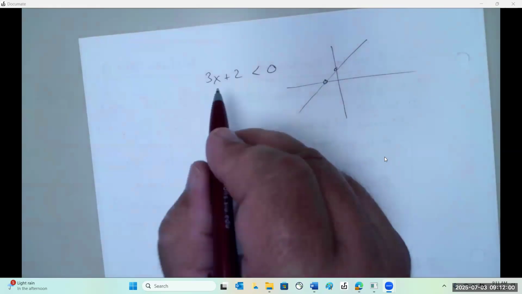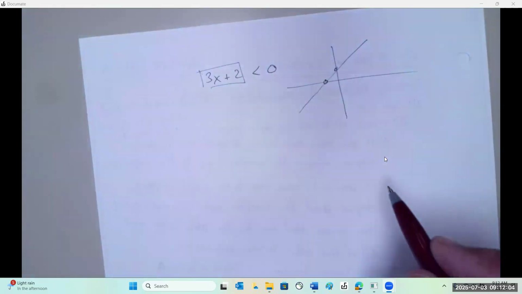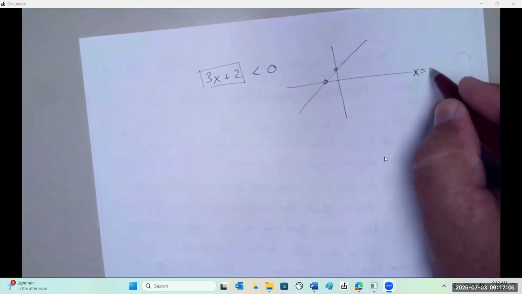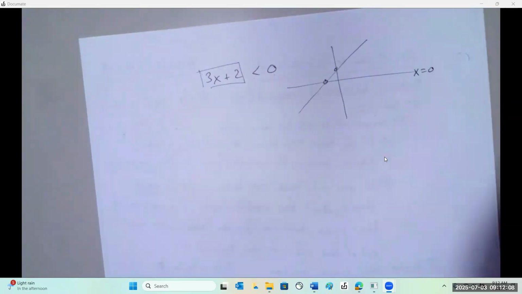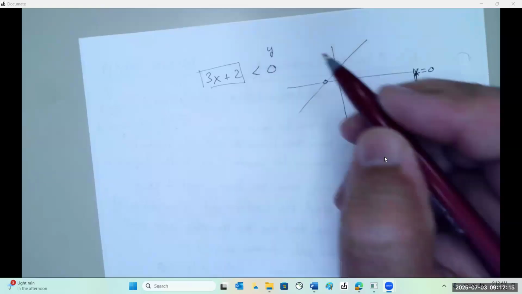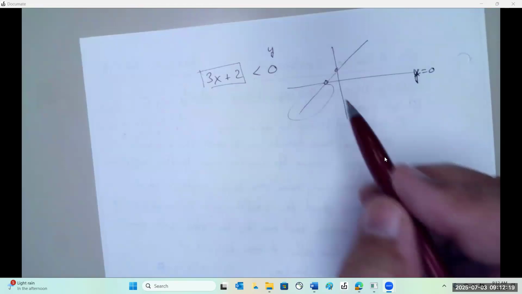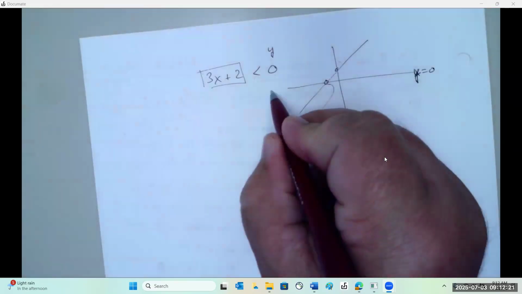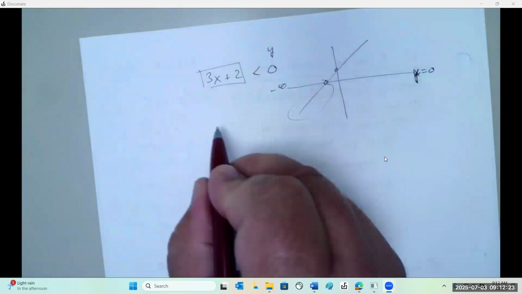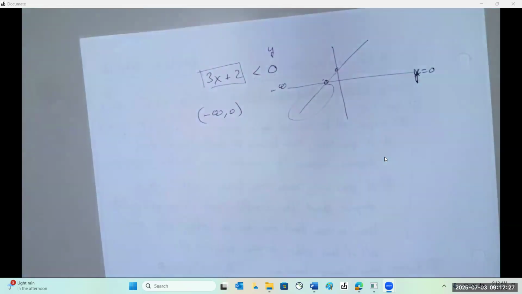What I want to know is what part of the graph is below 0. And this is where 0 is, or y equals 0. Remember, this is our y value. So y equals 0 is the x-axis. So I want to know every part of the graph that's below the x-axis. So it's from negative infinity to 0. That's what we're looking at. All right.